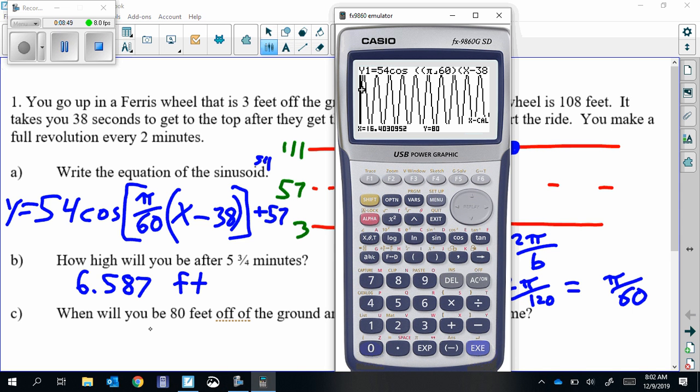The thing you have to be careful about is the wording, since it does say going down, this first one we're going up, we don't count that. This is going down for the first time, going down for the second, third, fourth, fifth, sixth, 7, 8, 9, 10.